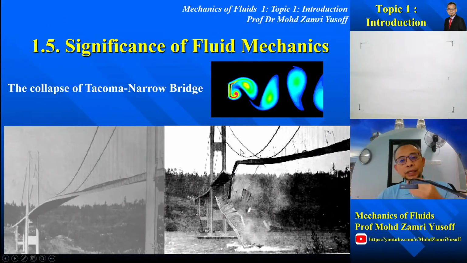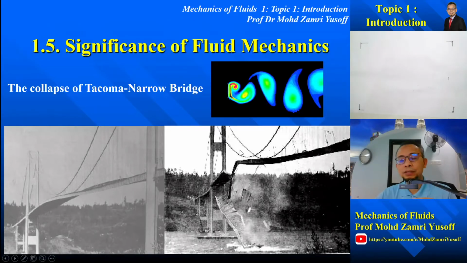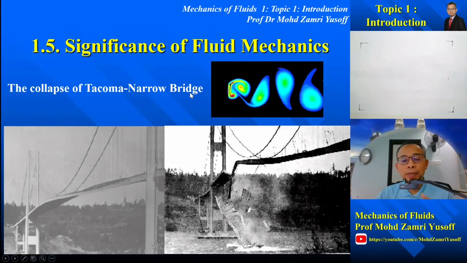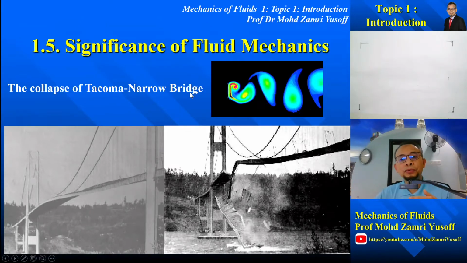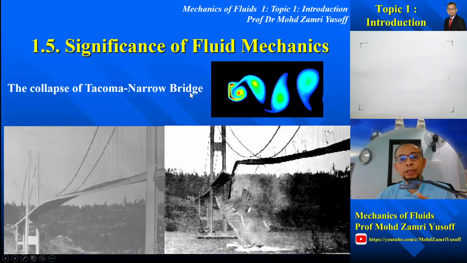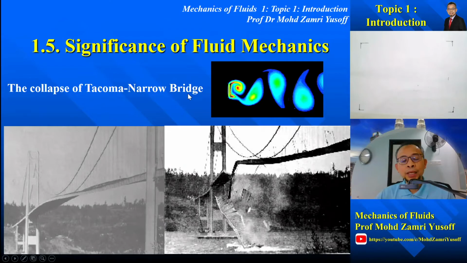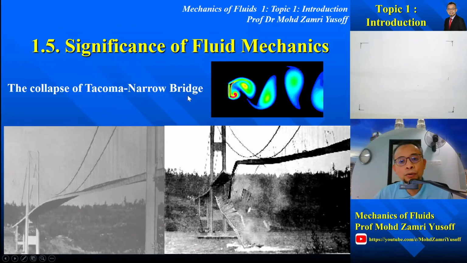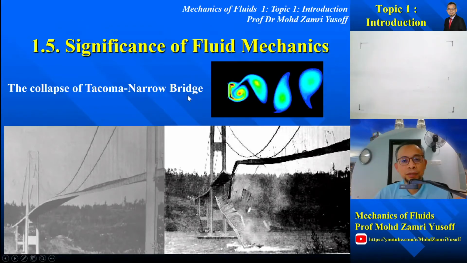The alternate shedding of the vortices will cause the lateral movements of the bridge girder. And it just happens that the frequency of these oscillations, created due to the shedding of the von Karman vortex street, coincided with the natural frequency of the bridge, creating resonance. So the amplitude of oscillation continued to increase until the bridge failed.